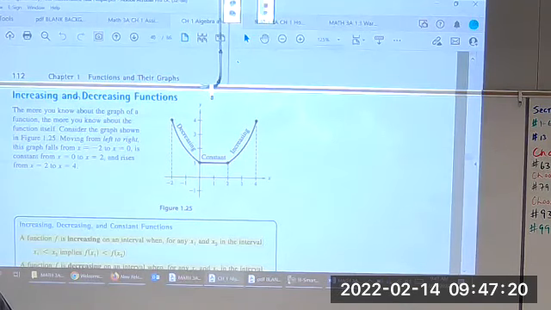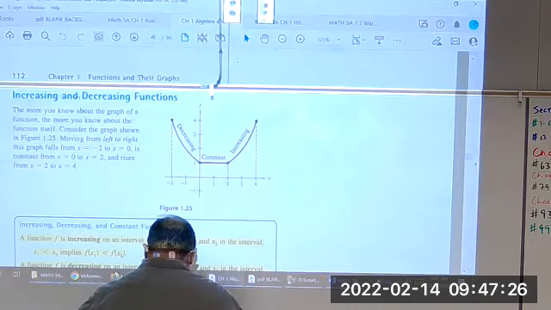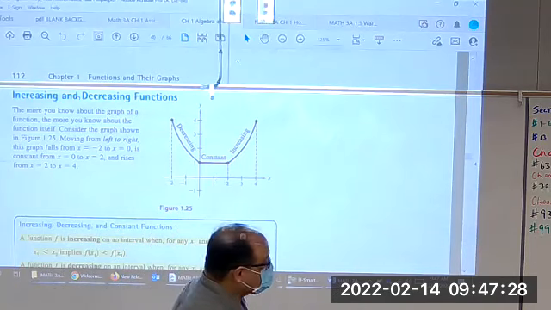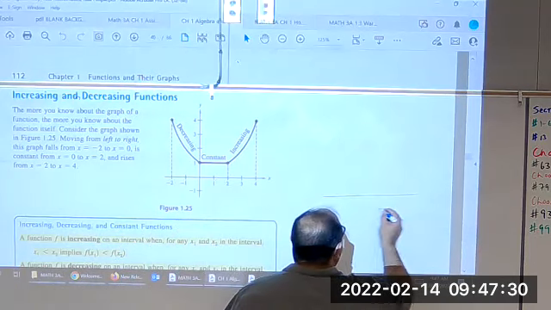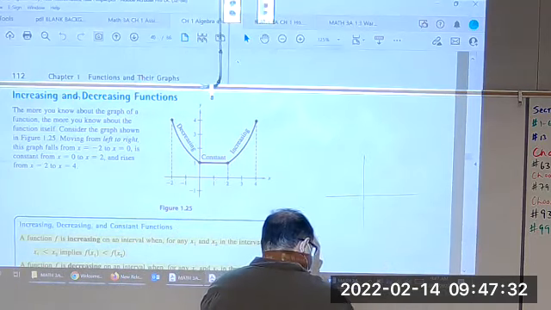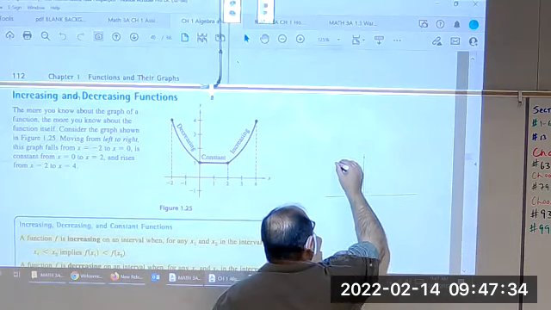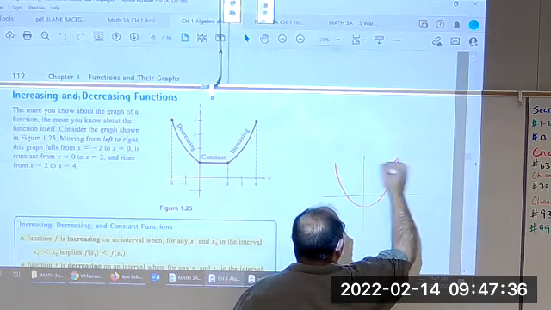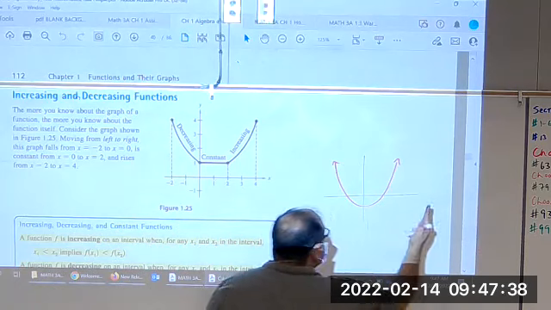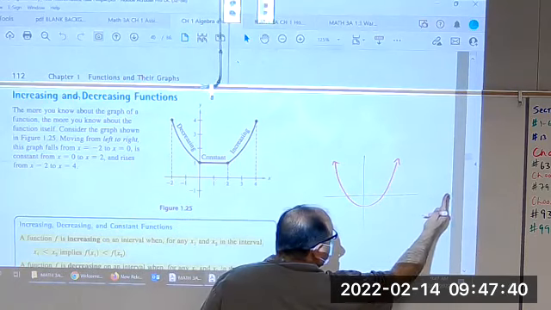First of all, when you're describing increasing versus decreasing, this is what drove students crazy when they first tried to answer increase and decrease. If you were going to graph a parabola, you're supposed to put arrows on both sides because the domain is all real numbers.